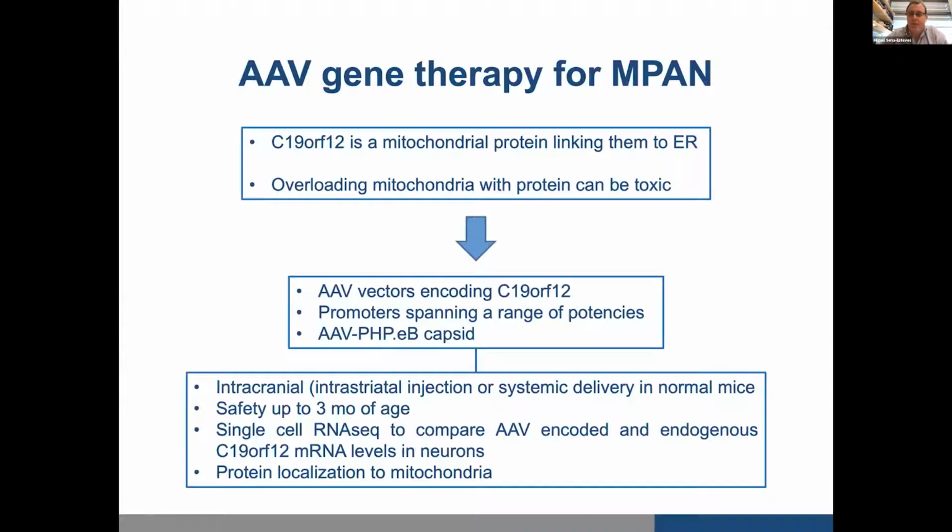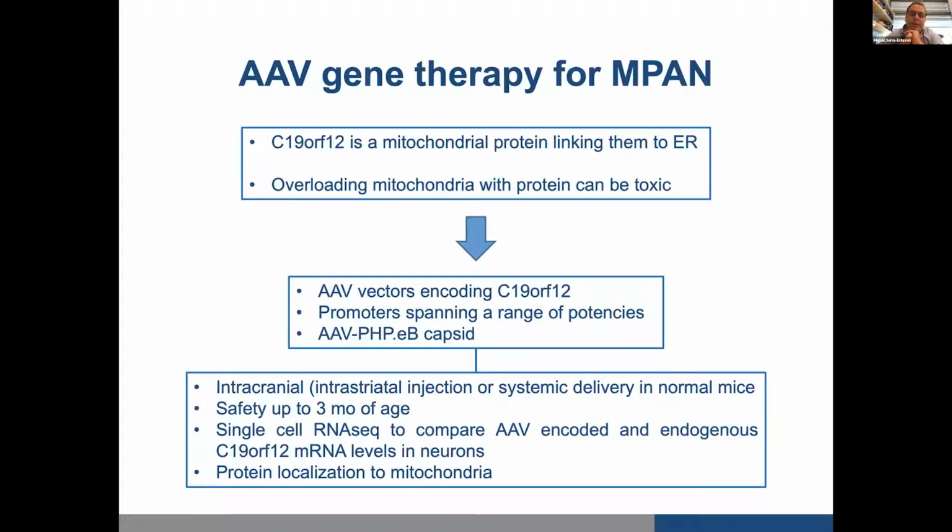And these could be done relatively easily in wild-type mice, at the molecular level, looking at single-cell RNA-seq, so looking at the single-cell level and trying to compare the amount of mRNA that is made from the endogenous gene to that made from the vector, and really trying to match them as closely as we possibly can.